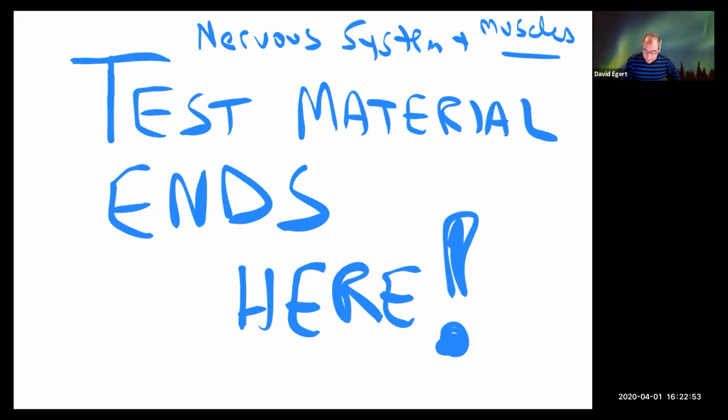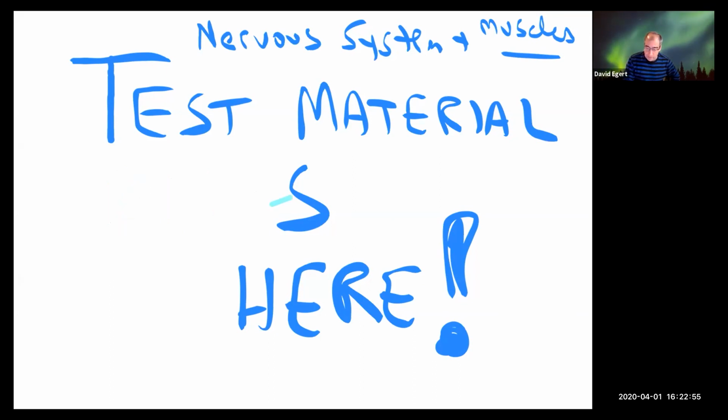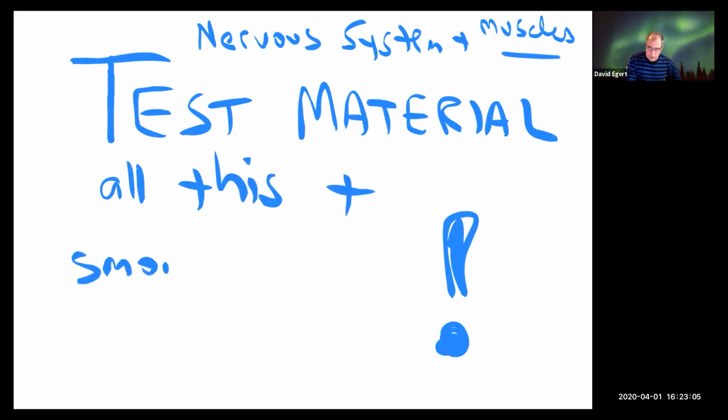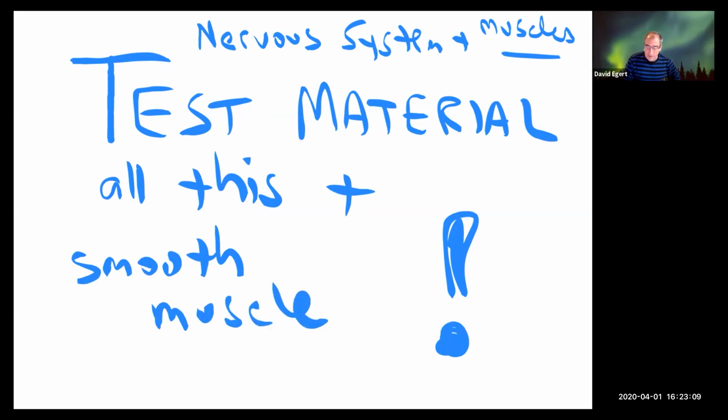Test material does not end here because I didn't talk about smooth muscle. Test material is all this, plus smooth muscle that we're going to talk about in 2 seconds. But that's only going to be like another 5 or 10 minutes of material. So let me do smooth muscle right now.